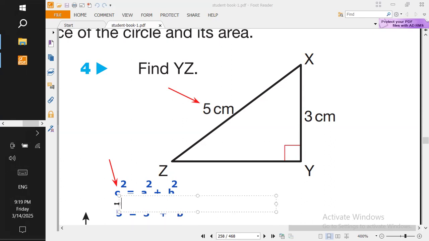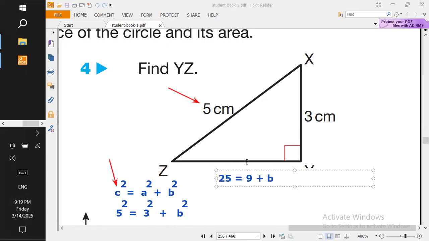So 5 squared, 3 squared and b squared. Focus on these steps because they are very important. You started with a square, so you have to continue with the square until you get rid of it by using a square root. So 5 squared is 25. So 25 equals 3 squared, which is 9, plus b squared.